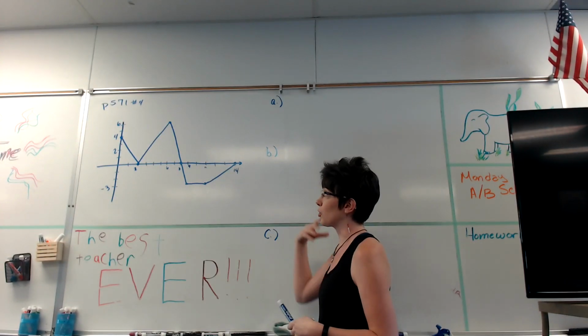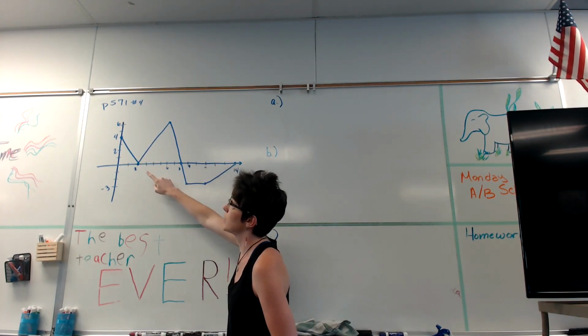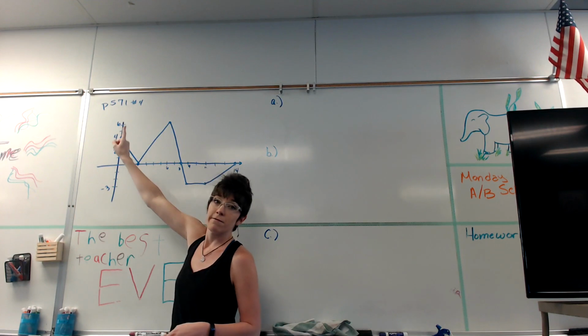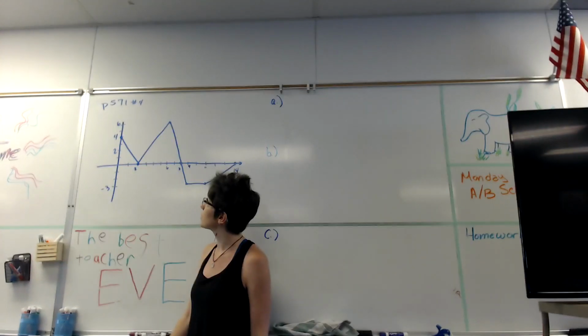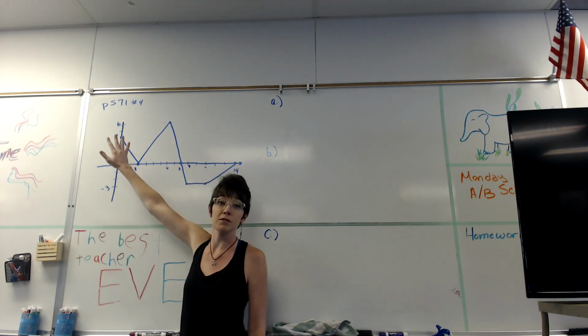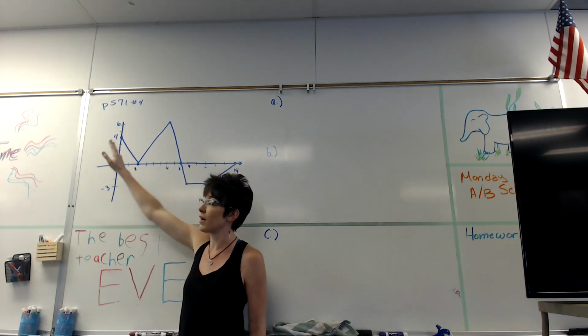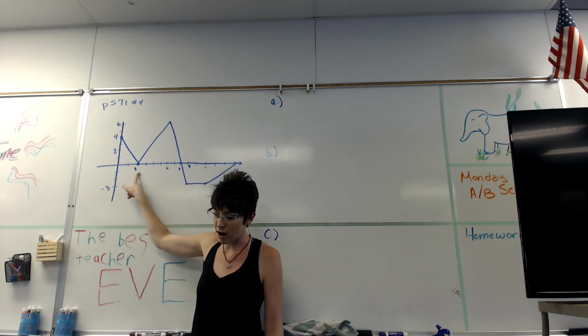So when I'm looking at the graph, if this is my velocity graph, then ultimately I'm saying I started at 4 meters per second, so I have this positive velocity, and then I hit 0, and that's when I stop.